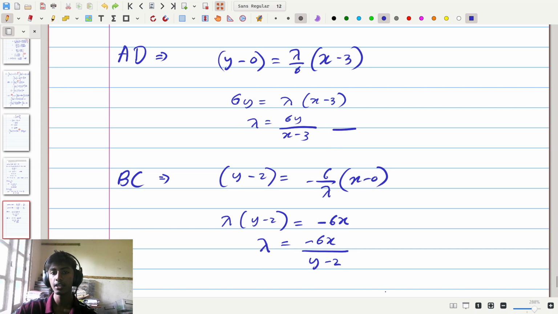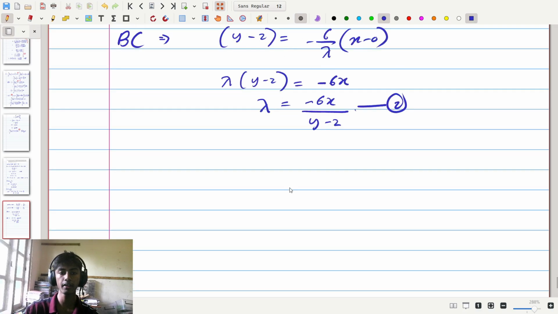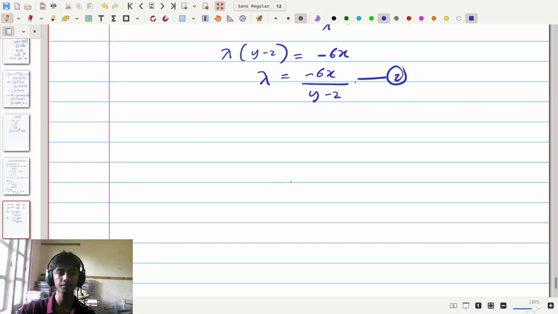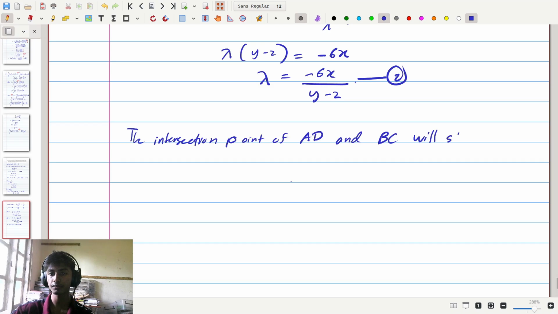So if this is equation number 1 and this other equation is equation number 2, then the intersection point of AD and BC will satisfy both equations 1 and 2.